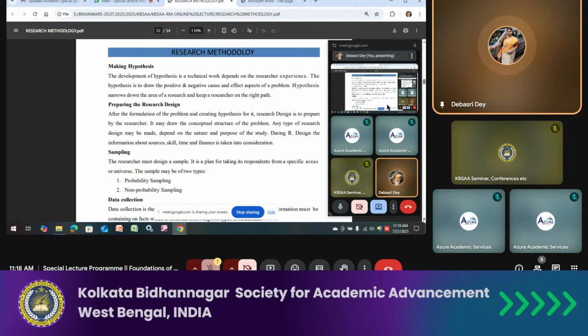Otherwise, if it is rejected based on your data analysis, you can say the null hypothesis is rejected and the alternate hypothesis is accepted. That means you said that the number of female voters is more than male voters in this particular village, but if your data does not support that, you have to say that the number of male voters is more. That is your research finding.